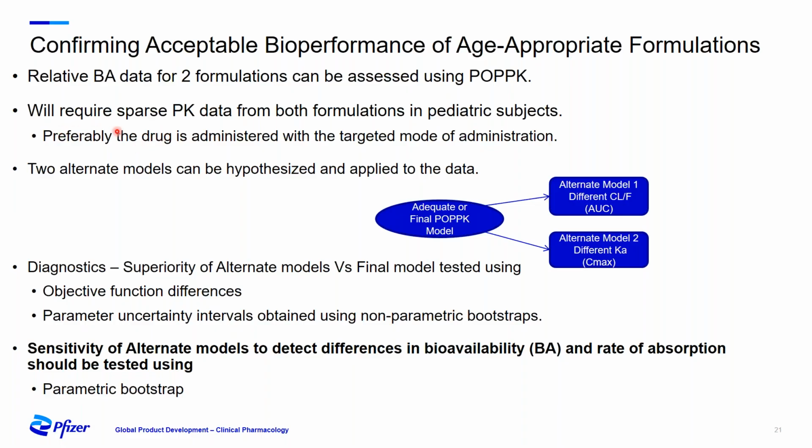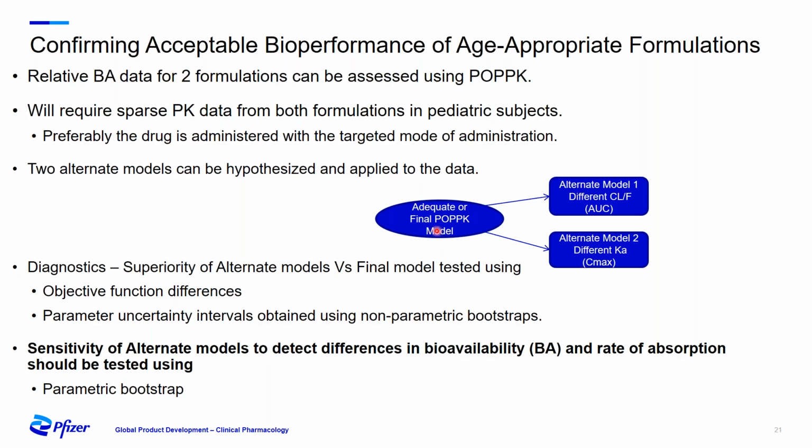So of course, when we collect the data in a population PK setting, we collect sparse data for both formulations in the pediatric subjects. And what we do with the data is we hypothesize two different models. We usually have an overarching model which is adequate to describe all the data. We can call it an adequate or a final pop PK model.